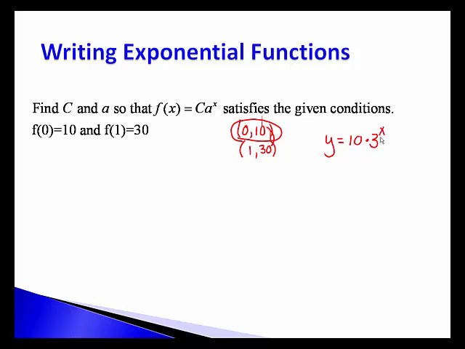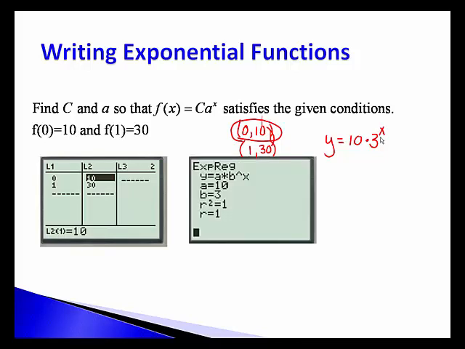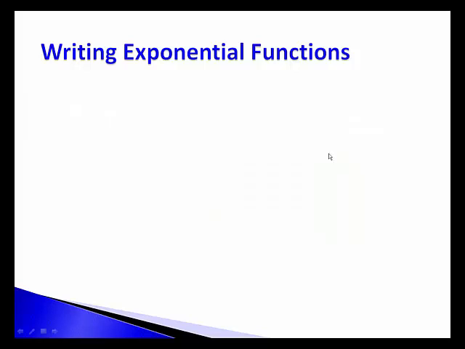So if I put it in my calculator, it would look like this. And when I do the exponential regression, I get this. When I plug those numbers in, I get f of x is equal to 10 times 3 to the x power. So I can do it by examining the data, or I can do it using my calculator. Either way.